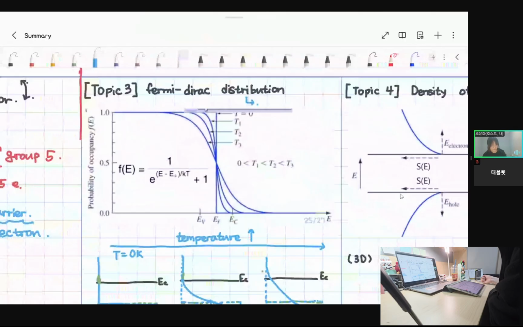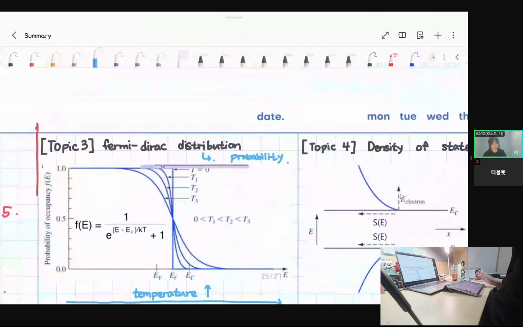The Fermi-Dirac distribution is related to probability. Before knowing how carrier numbers exist, we can consider two things. The first thing is state. If the state doesn't exist, no electron or hole can exist. So first we have to know how many states exist.